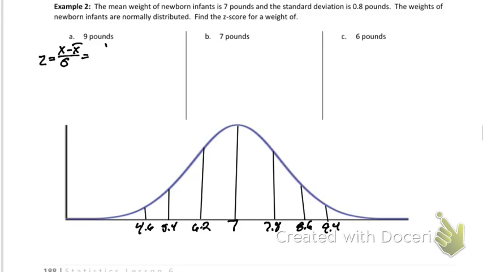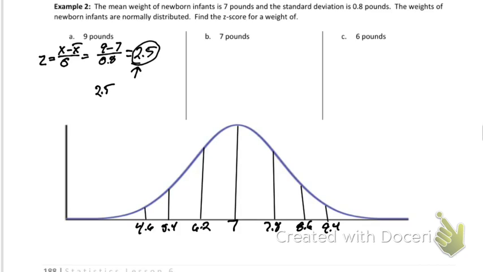In this case, our x is 9, our mean was 7, and our standard deviation was 0.8. So 9 minus 7 divided by 0.8 gives 2.5. What that 2.5 means is you are 2.5 standard deviations away from the mean.